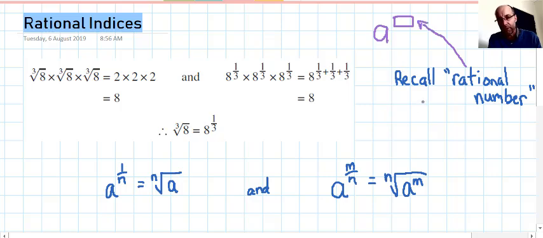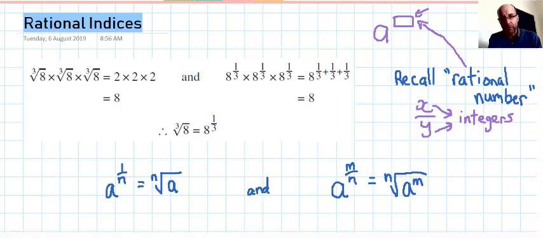A rational number is basically when we have x over y, where both x and y are integers. As you know, integers are positive and negative whole numbers, including 0 as well. So you have to have integer over integer to be a rational number. So that's what's going to appear there when we write it in power form.